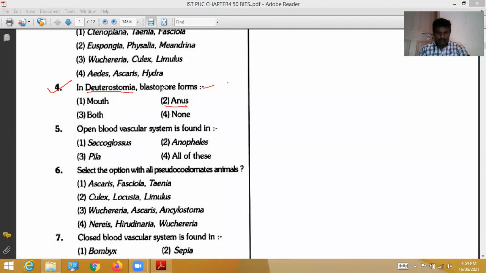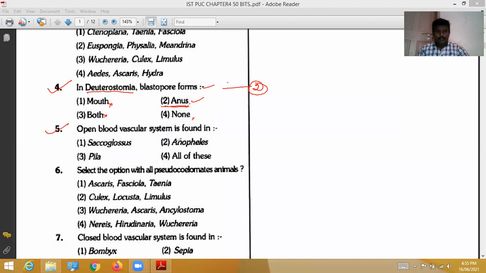So in deuterostomia, the blastopore forms the anus before the mouth. So the correct option is anus. Mouth, both, and none are wrong options. For the fourth question, the correct answer is second. It is beyond the NCERT bit.